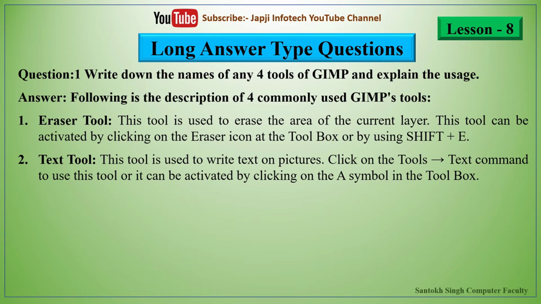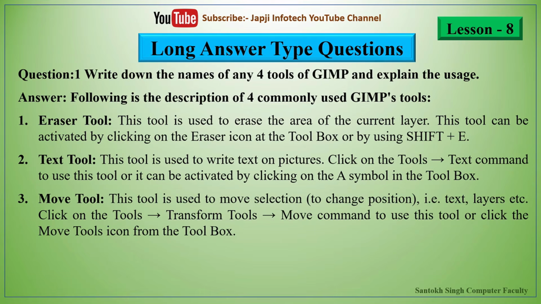The second one is the text tool. This tool is used to write text on a picture. Click on the tools, then text command to use this tool, or it can be activated by clicking on the symbol in the toolbox. The third one is the move tool.